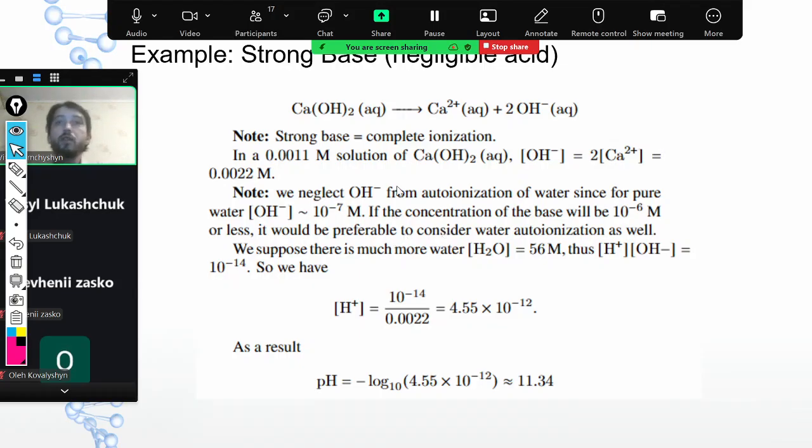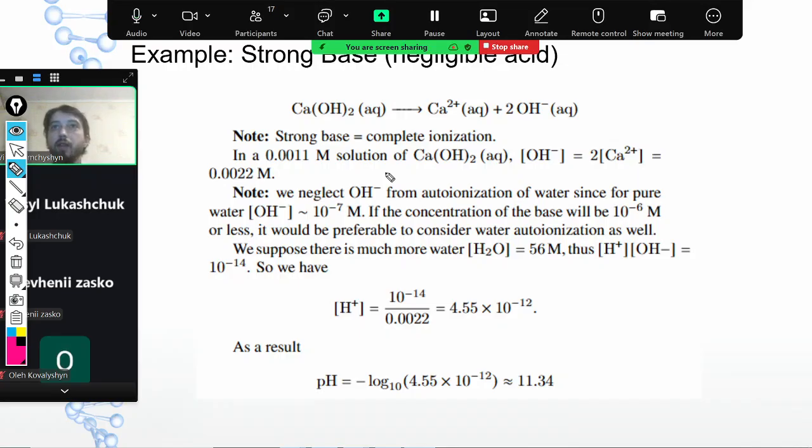Okay, one more small problem. Really easy, once again. Strong base. Once again, it dissociates, but this case is just a little bit more tricky. Here we have a 0.0011 molar solution.